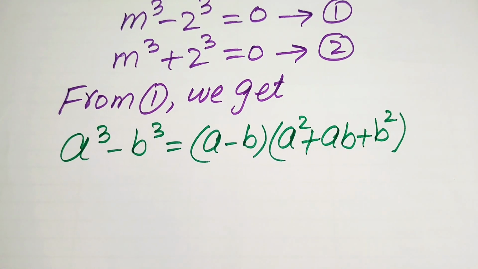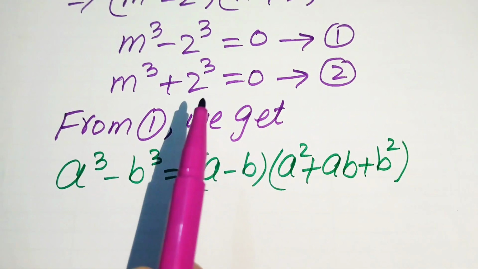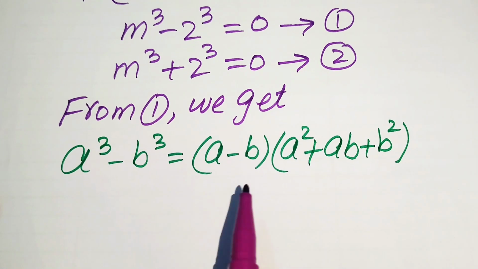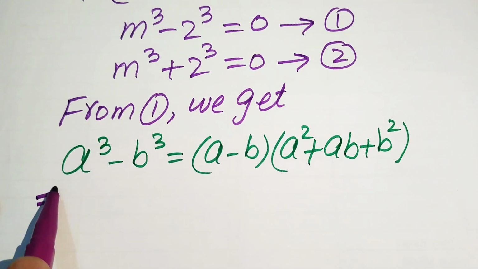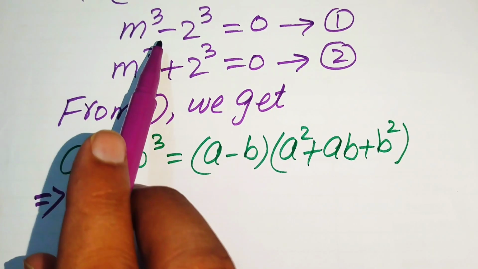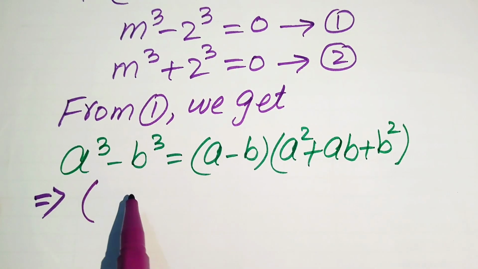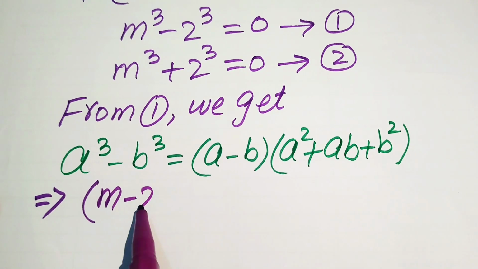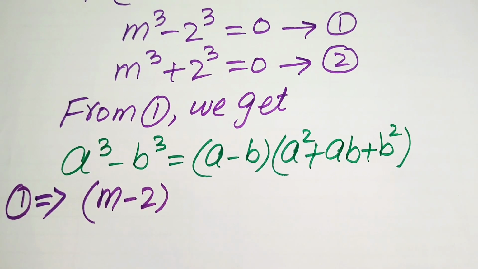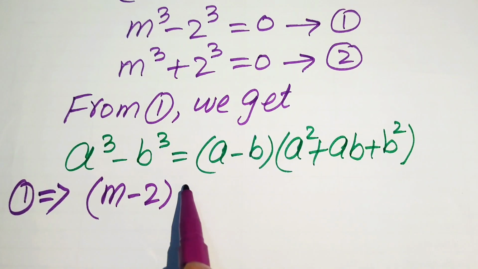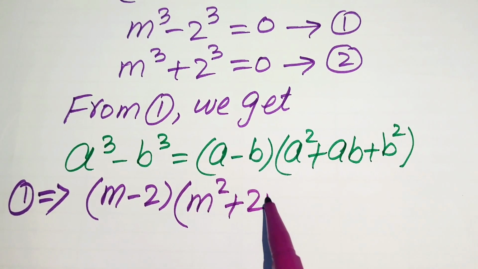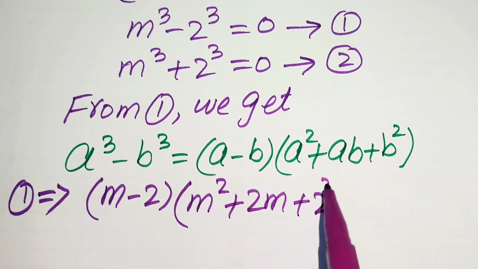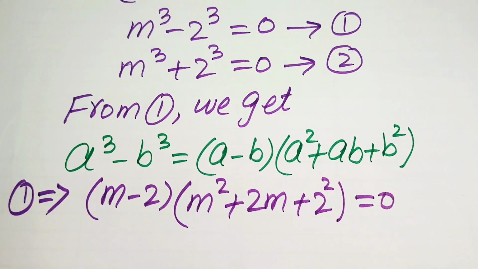So we use this formula on equation number 1, and it will be written as m minus 2 into m square plus 2m plus 2 square equals 0.